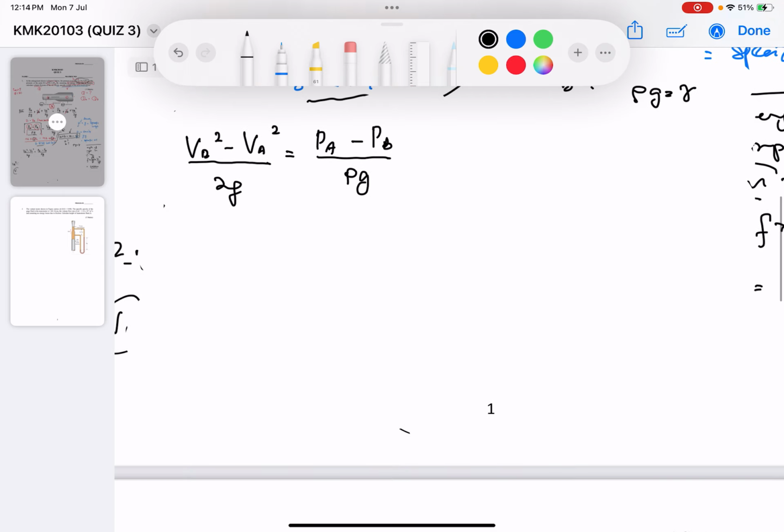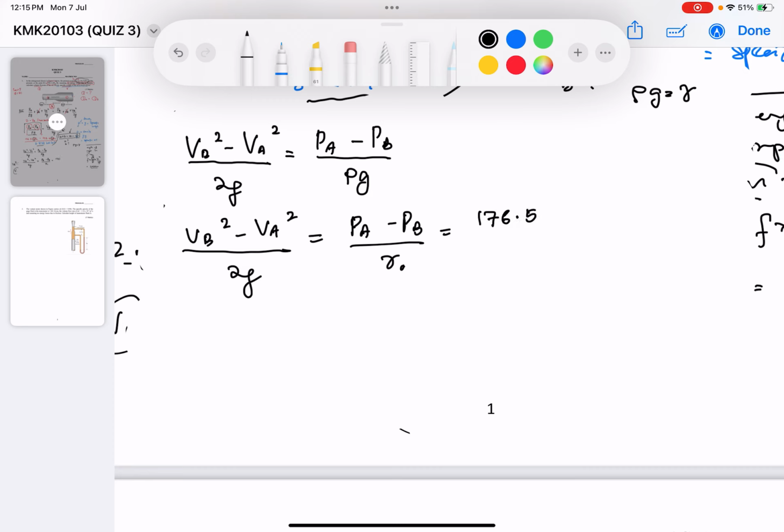So I can rewrite this as VB power of 2 minus VA power of 2 divided by 2G equals PA minus PB over gamma of the oil. And then PA minus PB equals 176.5 times 10 to the power of 3 minus 194.4 times 10 to the power of 3. I will explain why times power of 3. Gamma of the oil is 8.829 times 10 to the power of 3.